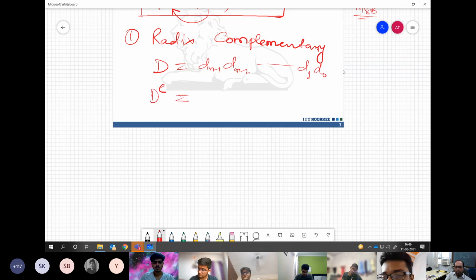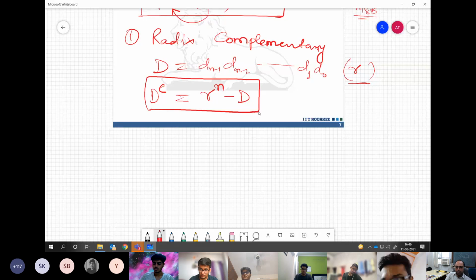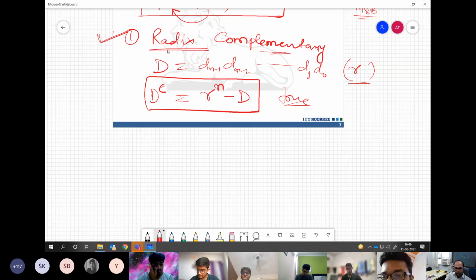For radix r, this can be simply computed as r to the power n minus d. This is in general true for any number system, and it is called the radix complementary rule or radix complementary system.